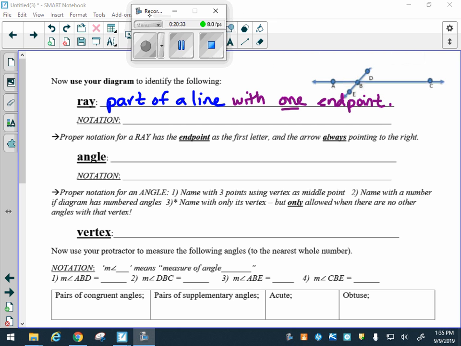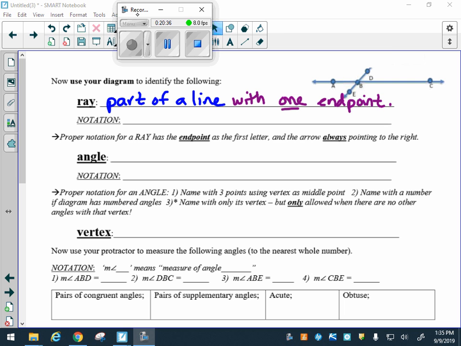So it has one endpoint and goes forever in one direction.